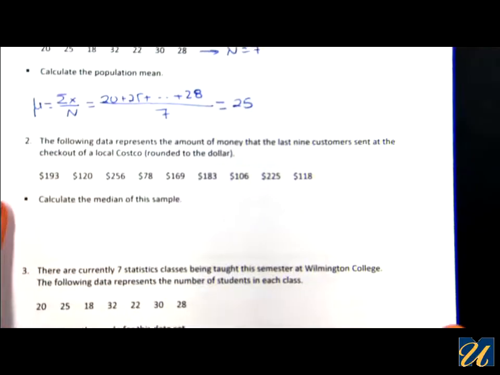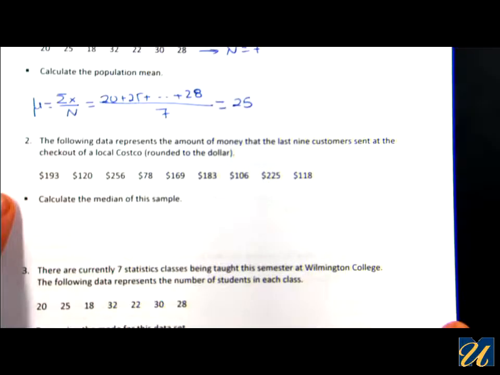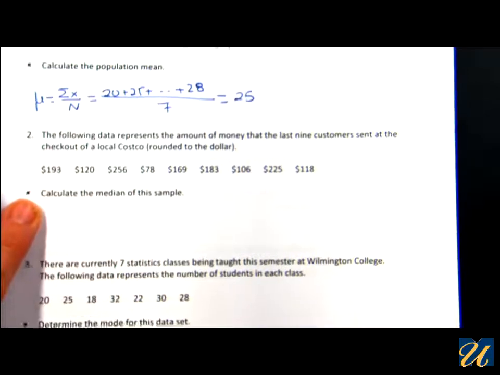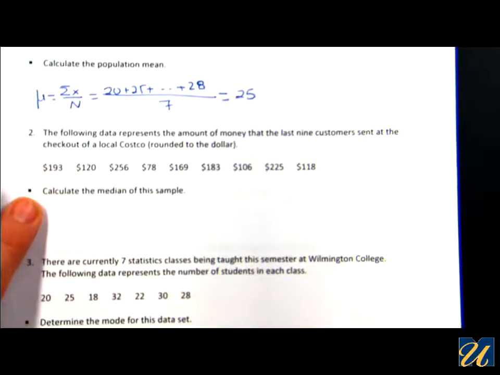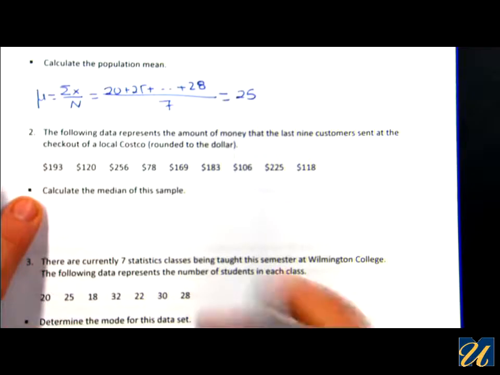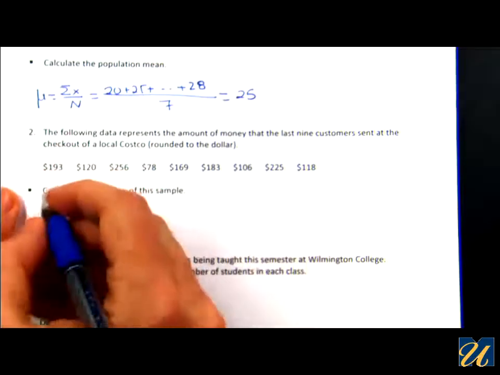The following data represents the amount of money that the last 9 customers spent at the checkout of a local Costco. Calculate the median of the sample. As soon as we want to calculate the median, we have to place the data in order.